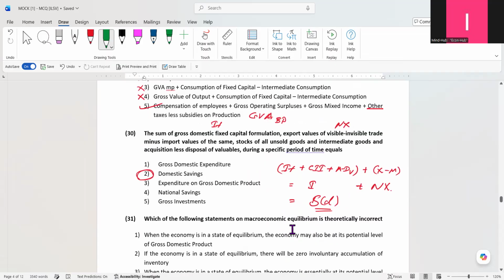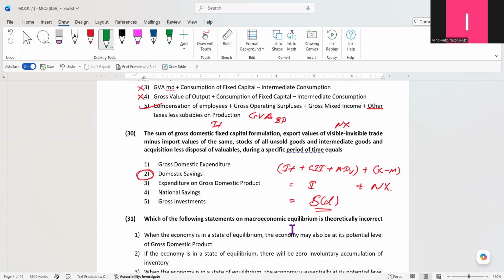30. The sum of gross domestic fixed capital formation, export value of visible and invisible trade minus import value of visible and invisible trade, stock of all unsold goods and intermediate goods, and acquisition less disposal of valuables during a specific period of time.